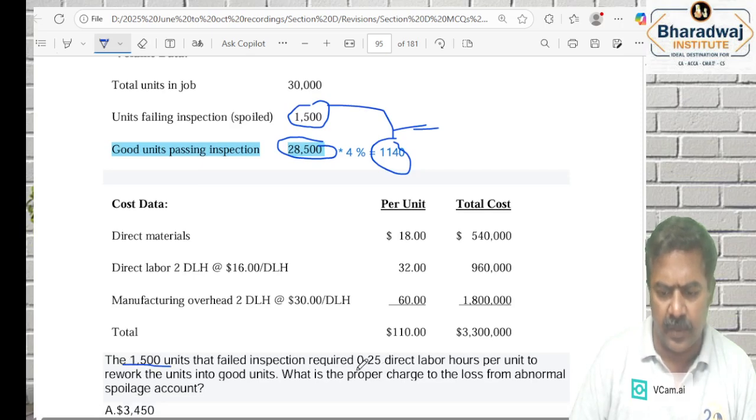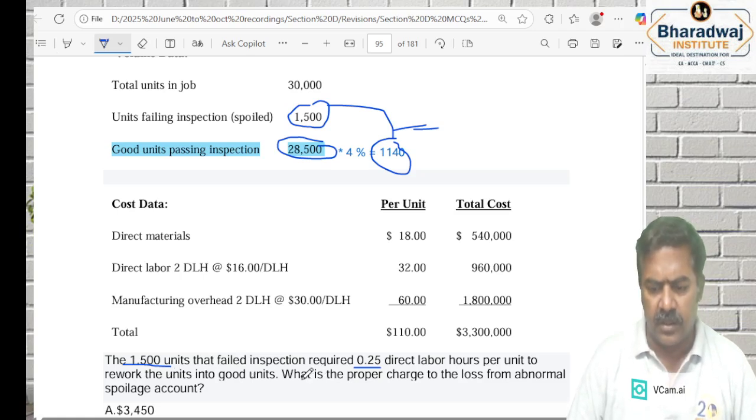The 1,500 requires 0.25 direct labor hour per unit to rework into good units. What is the proper charge of loss from abnormal spoilage account?